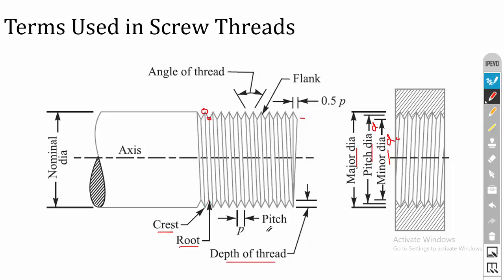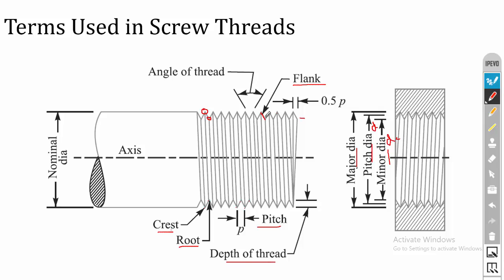Then the horizontal distance between consecutive crest points or consecutive root points is called the pitch. So the horizontal distance between two consecutive threads is called the pitch. Then the inclined profile of the thread region is called the flank of a thread.